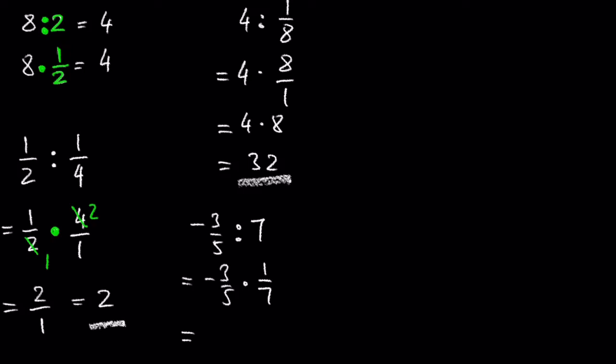So we have negative 3 over 5 times 1 over 7. A negative times a positive is a negative. Remember, unlike signs produce a negative sign, and like signs produce a positive answer when multiplying. So we have 3 times 1 is 3, and 5 times 7 is 35.